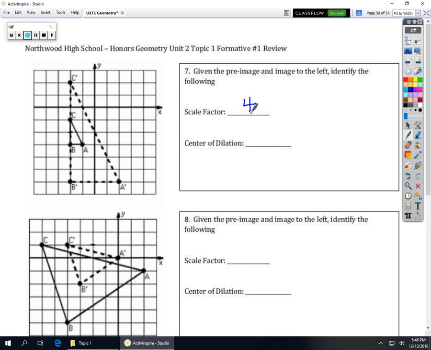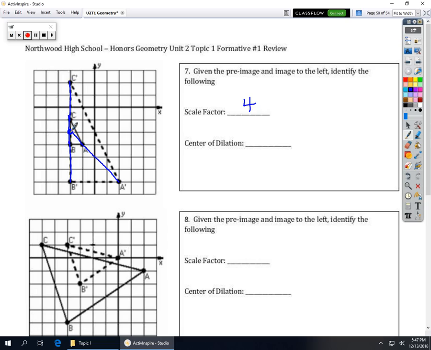Now the center of dilation is found where all the image and pre-image points meet. For example, if I connect B and B prime, I just draw a line there. If I connect C and C prime, and I connect A prime and A, where are these lines all pointing to? All of these lines point there.